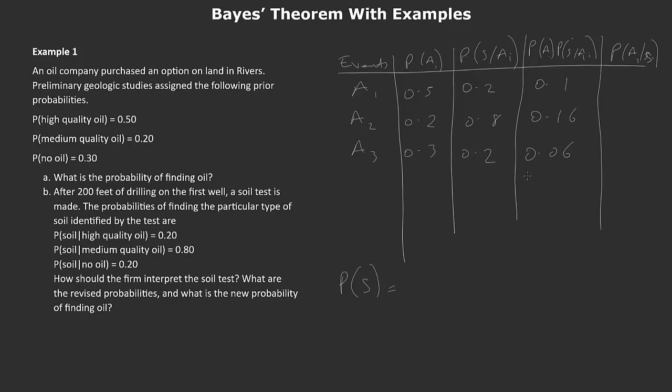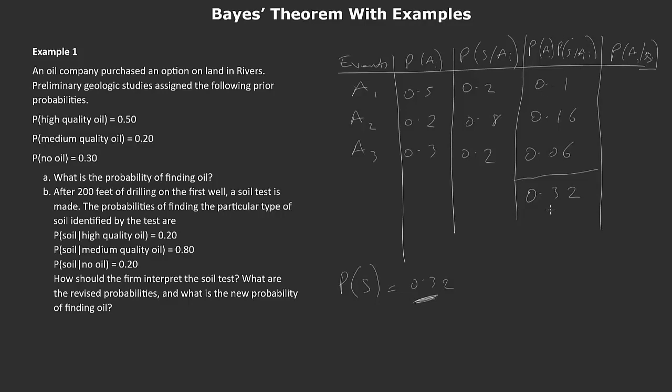Then the next thing you do is compute the marginal probability of the evidence, which is basically the sum of this. So the sum of all this will give you the marginal probability of the evidence. If you add this up, you're going to get 0.32. So now we can compute the revised or posterior probability by dividing the numerator by the marginal probability.